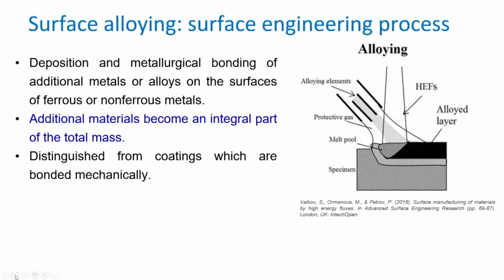So, surface alloying is basically a surface engineering process. Here we are depositing a foreign material, and that foreign material may be in the form of powder or it may be in the form of wire, and then we are carrying out the metallurgical bonding of this additional foreign material over the surface to the substrate.